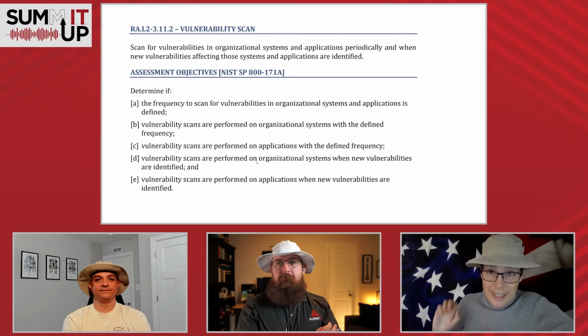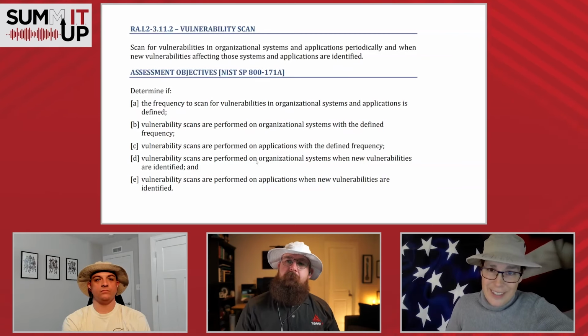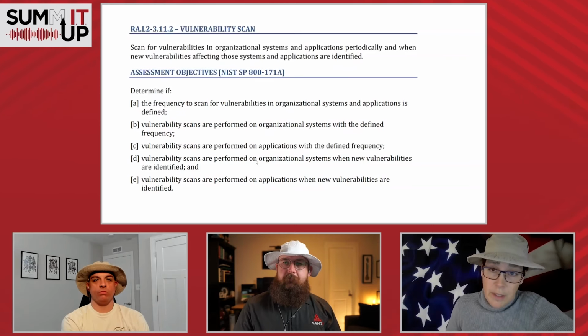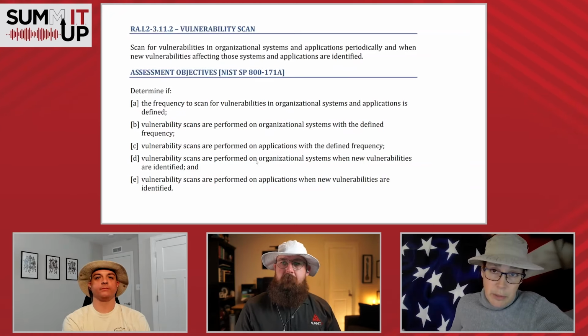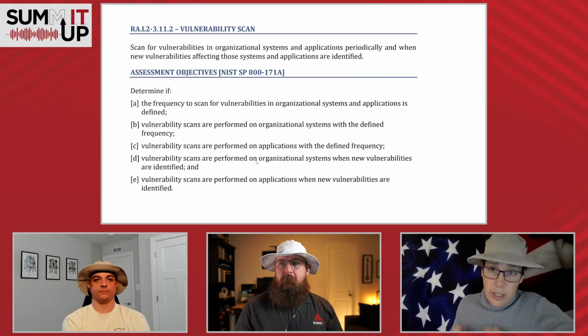So when you start getting the CISA alerts and the LinkedIn conversation going, oh my goodness, this is big, you want to be able to show the assessors that you ran an ad hoc manual vuln scan based on that information.